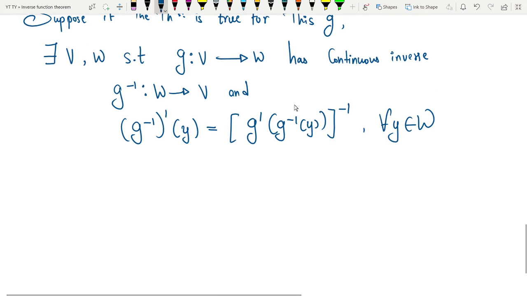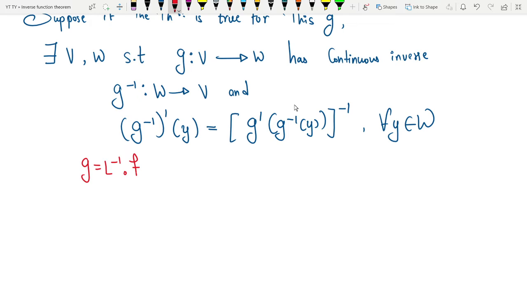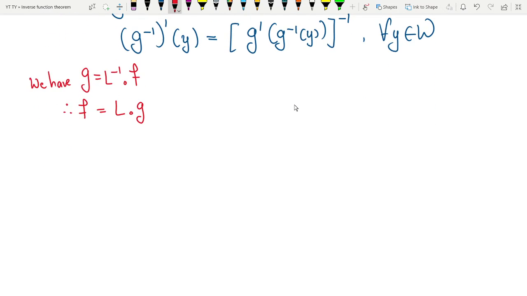Now we talk about f. How we defined f, by the way. My g was nothing but L inverse composite f. Therefore, my f is nothing but L composite g. Now since L is invertible, g is also invertible by the assumption. So I can have my f inverse exist, and that is the same as g inverse composite with L inverse.